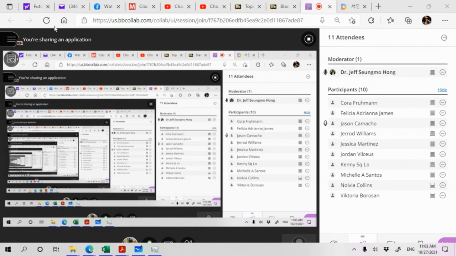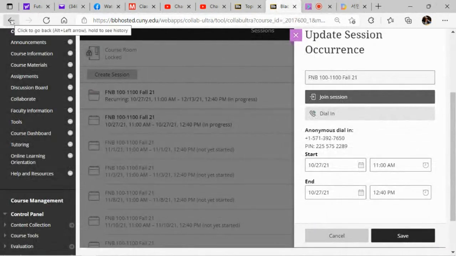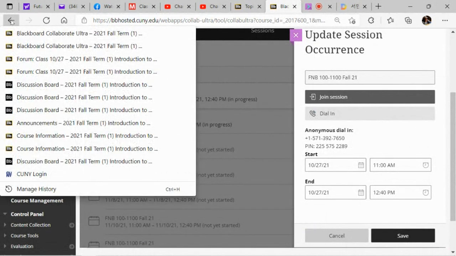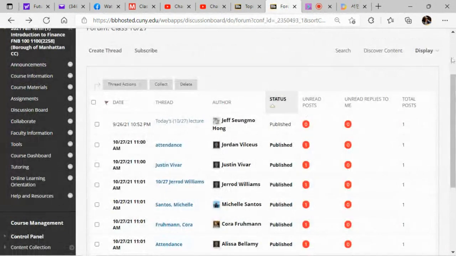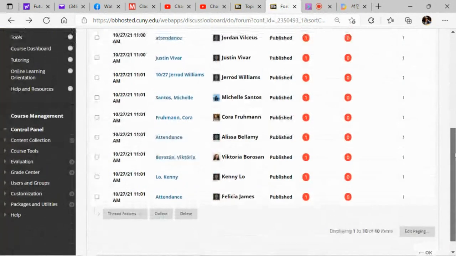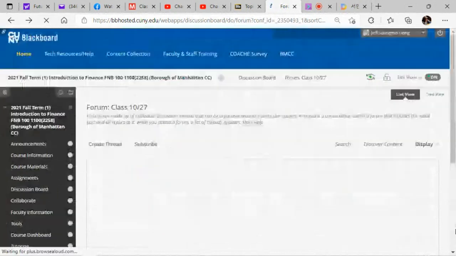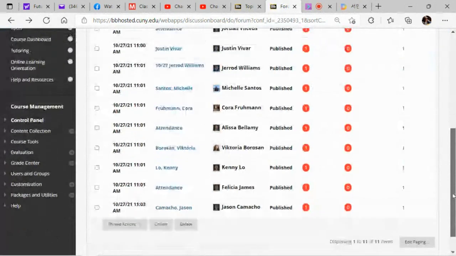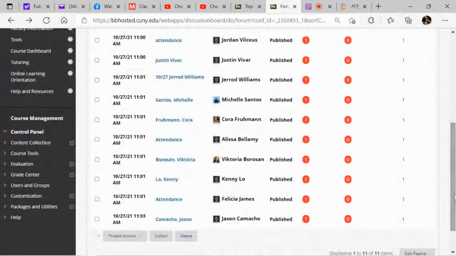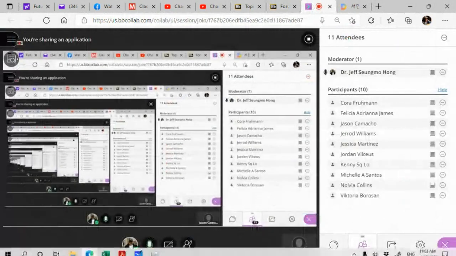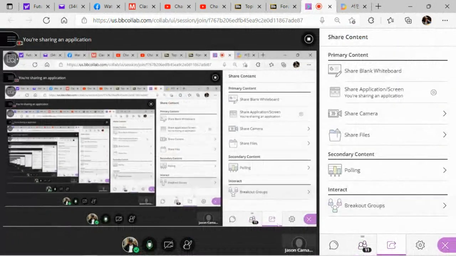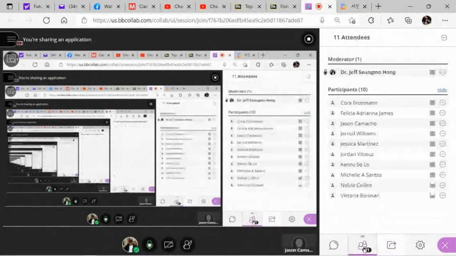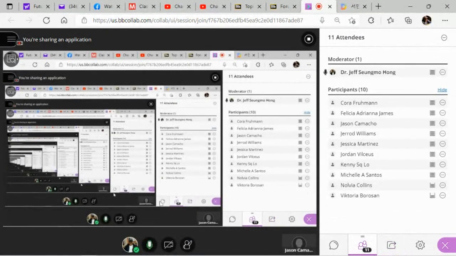No problem, no problem. I see 10 people in the Collaborate session, and let me quickly check how many people are in today's forum. Looks like 9 people, right? Oh, 10. So the numbers match, 10 and 10 in both sessions.